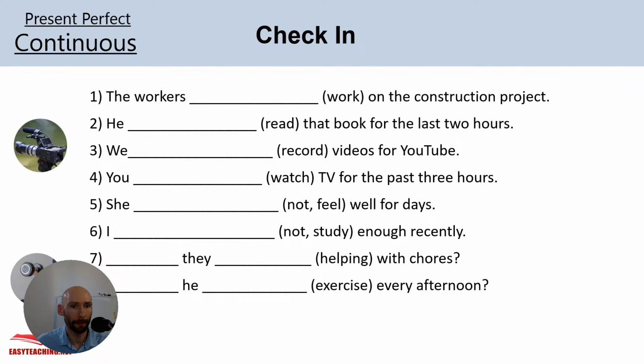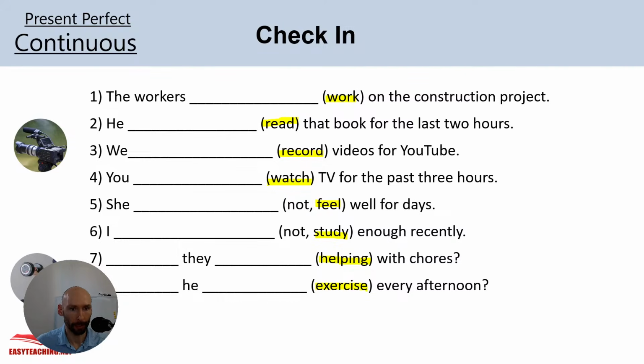You'll notice that the verb that you need to use has been given. The first one is work, read, record, watch, feel, study, help, and it actually shows that it's helping. That's giving you a little bit of a hint. And exercise.